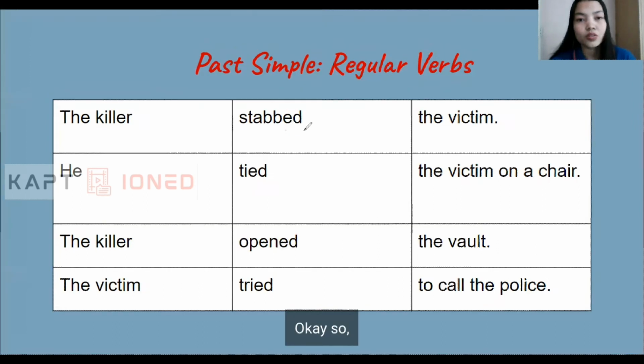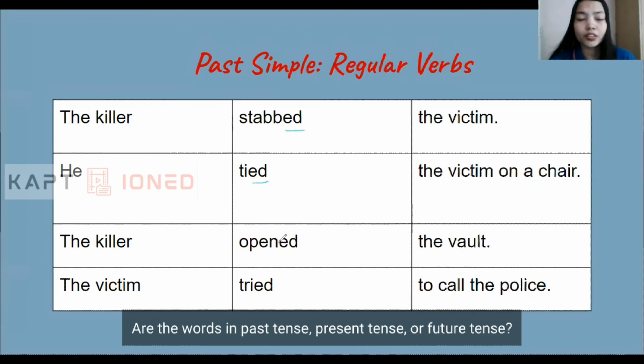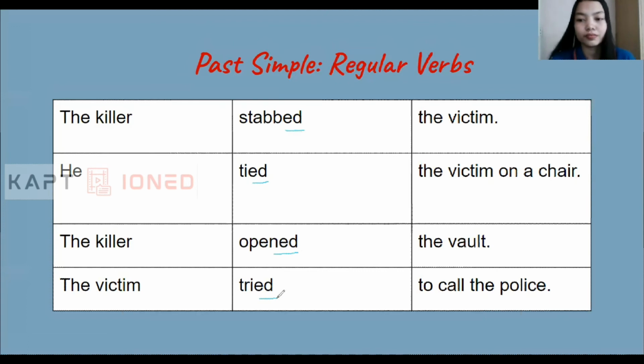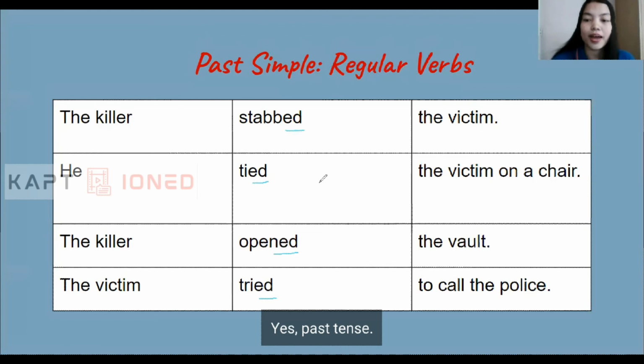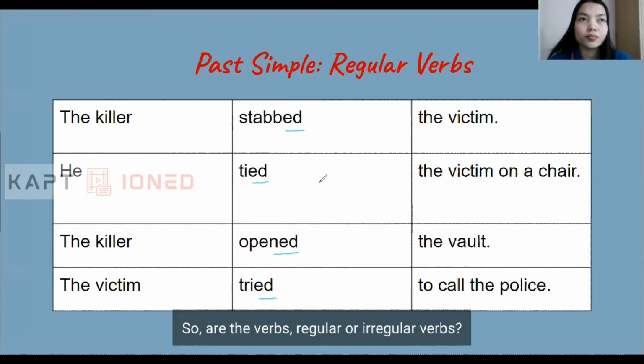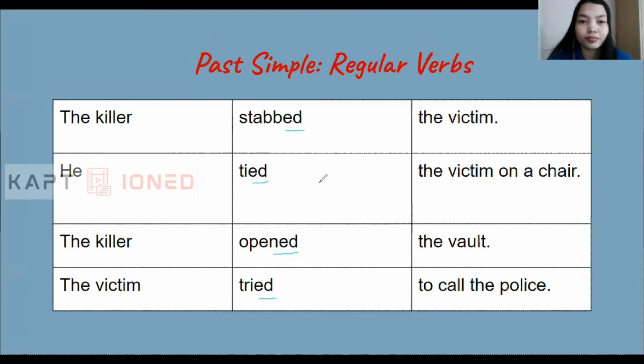Okay. So are the words in past tense, present tense, or future tense? Past tense, ma'am. Yes, past tense. So are the verbs regular or irregular verbs? It's a regular verb.